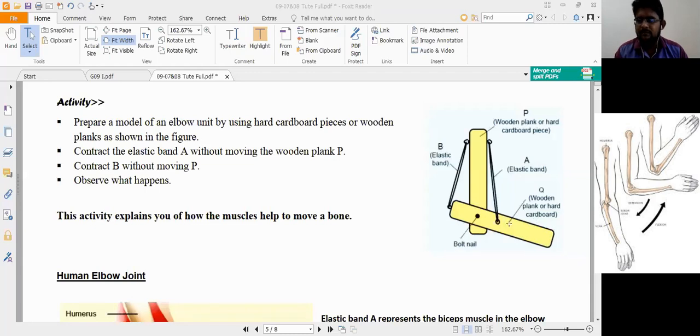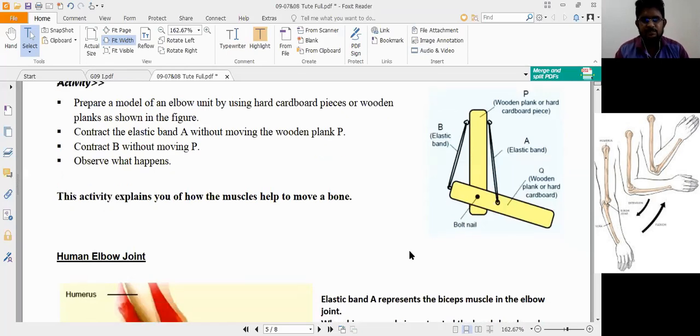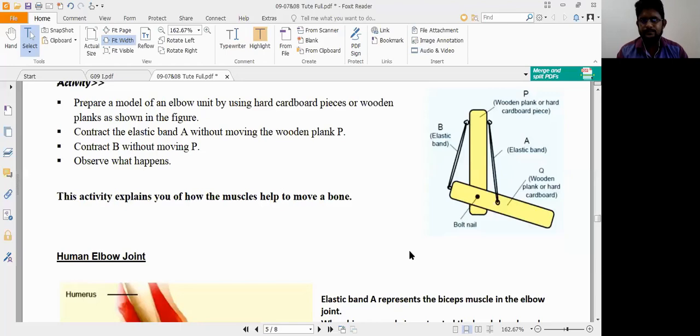So one by one, this wooden plank will be moving up and down upon the contraction of A and B. This is what happens in our human elbow joint too. This activity explains how the muscles help to move a bone.